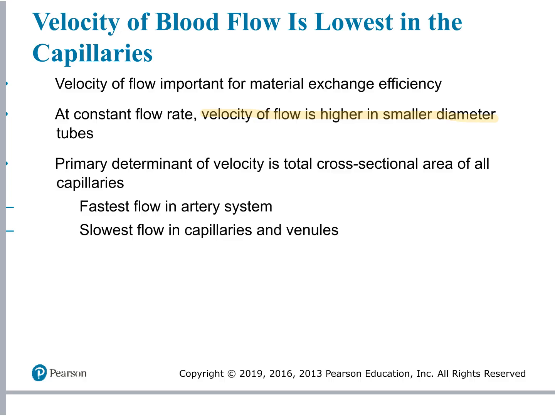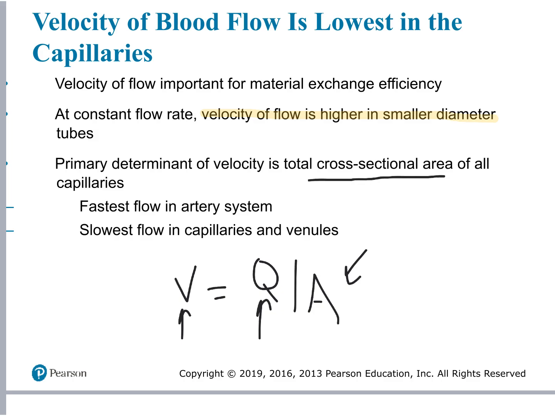If we can remember back to chapter 14 when we talked about velocity in the chapter on the heart, there was a formula. The formula was V equals Q over A. The V stood for velocity, Q stood for flow rate, and then the A stood for the total cross-sectional area.